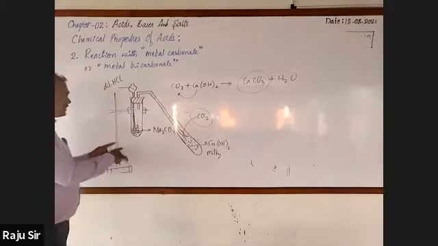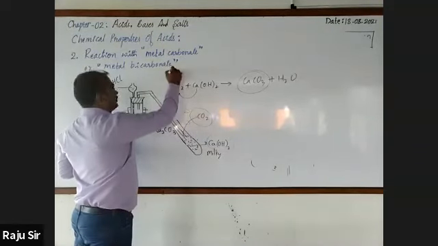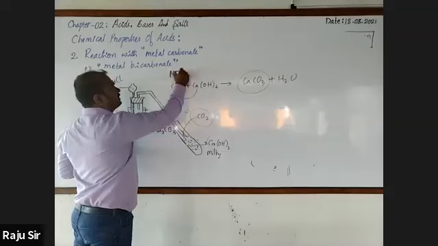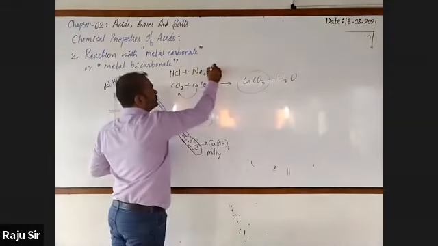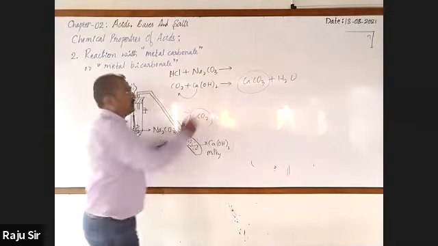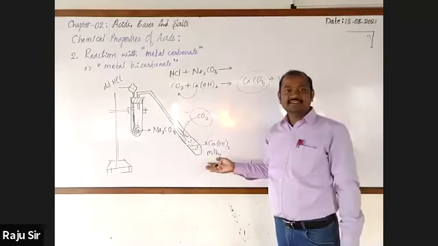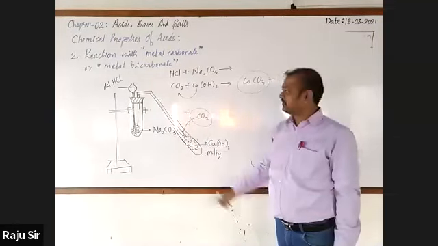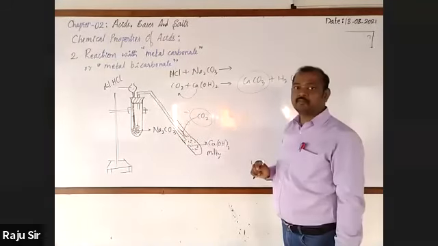See, once I write the chemical reaction, just observe. First, the dilute HCl acid reacts with the metal carbonate Na2CO3, giving rise to NaCl plus CO2 plus H2O.